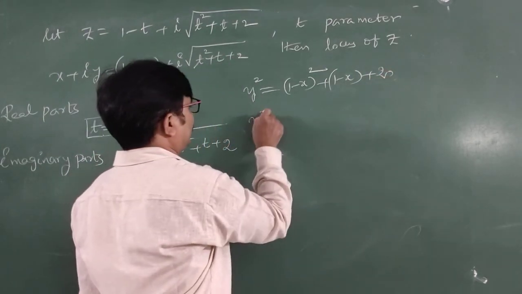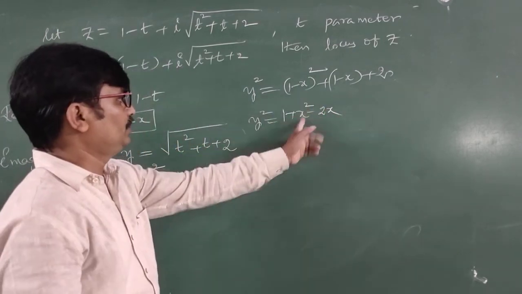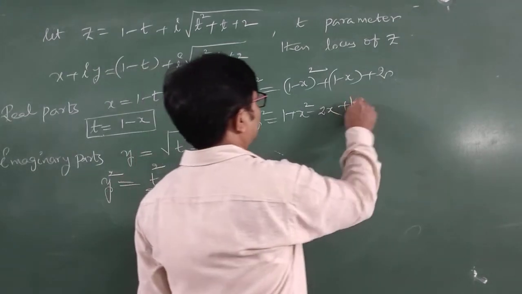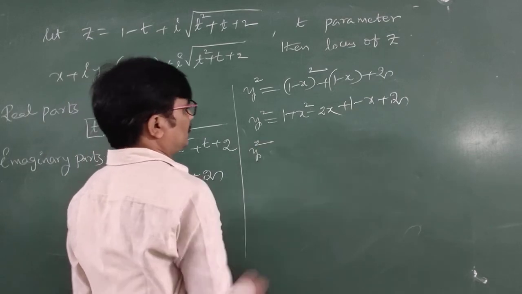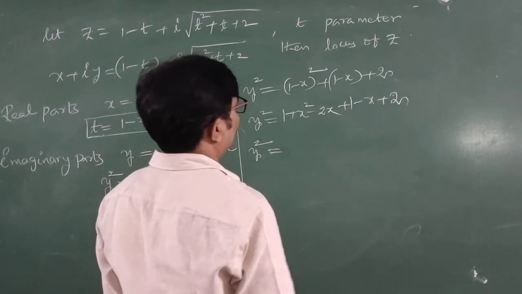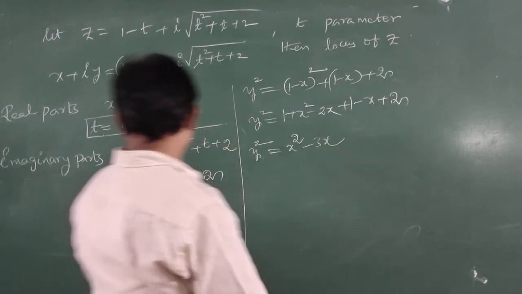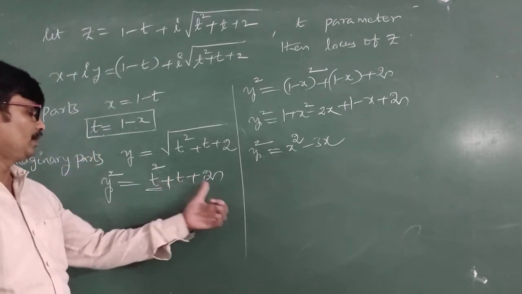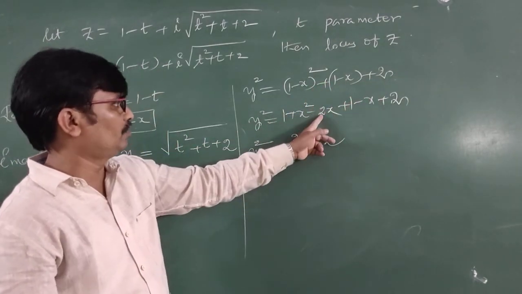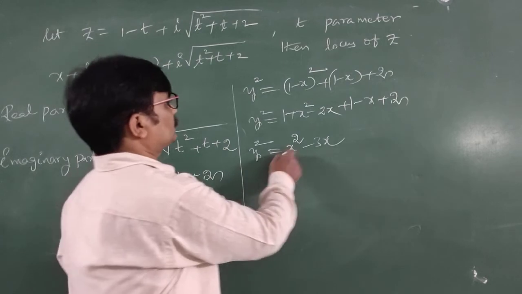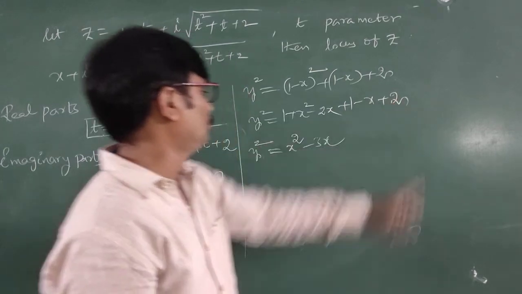Expanding, y square = 1 + x square - 2x + 1 - x + 2, using (a - b) square = a square + b square - 2ab. So we get x square - 2x - x = x square - 3x, and the constants are 1 + 1 + 2 = 4.